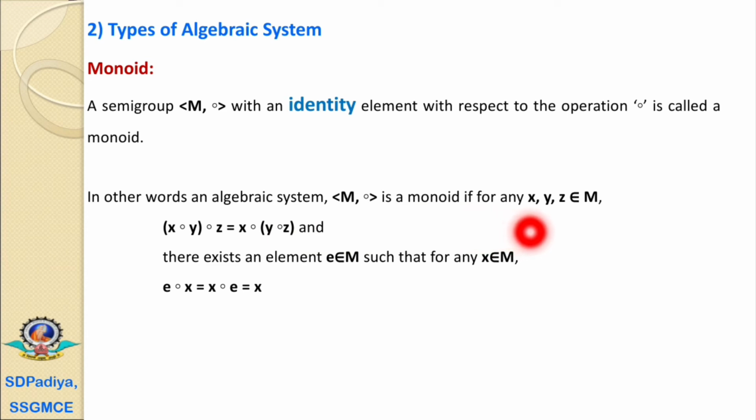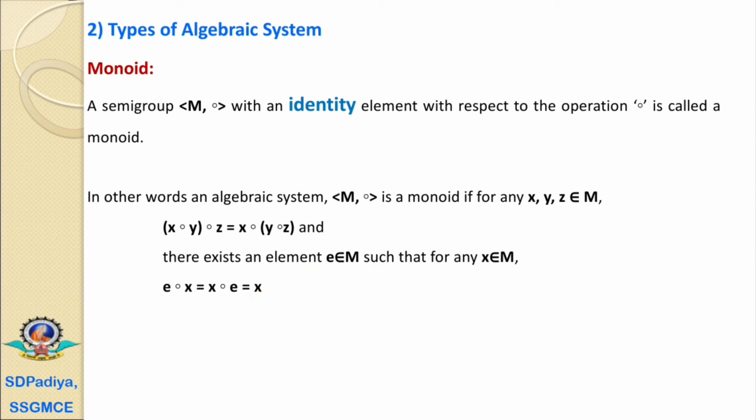First, (x composition y) composition z is equal to x composition (y composition z), meaning it is associative, and there exists an element E belonging to this set such that for any element x belonging to M, E composition x or x composition E is equal to x, meaning E does not affect x under the composition operation.